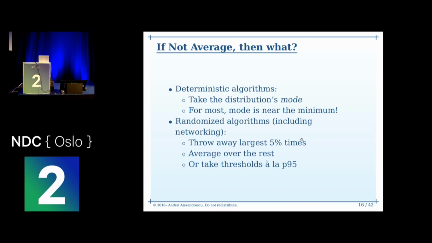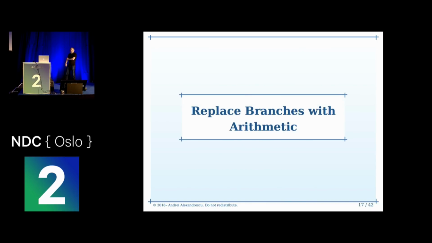Average over the rest, or use thresholds a la P95. So in networking in particular, it's very interesting to take things like 95% of our measurements were below this time. Right, that's P95, and that's very nice for networking when you want to make sure that your site works properly across a number of countries, for example. Great.